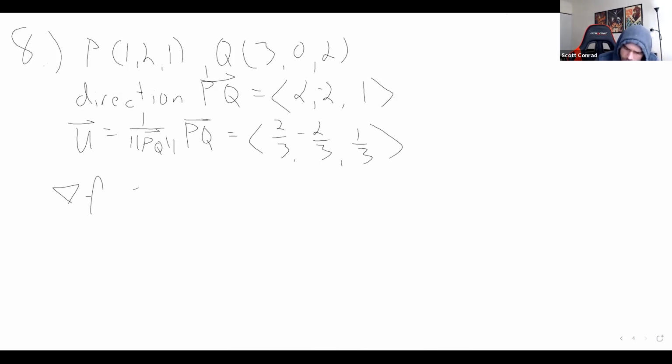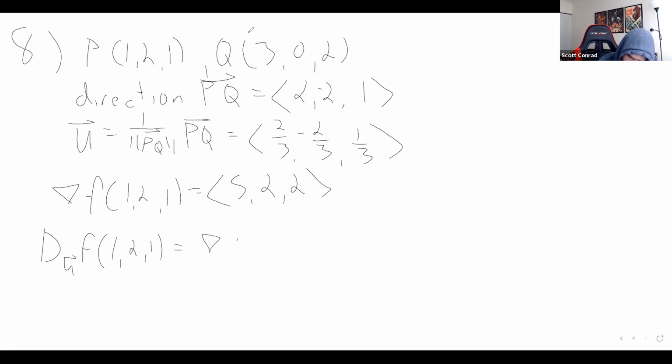So we calculated the gradient of f at 1, 2, 1. That is 5, 2, 2. And so the directional derivative in the direction of the unit vector u of f at the point 1, 2, 1 should be the gradient of f at 1, 2, 1, dot our unit vector u.